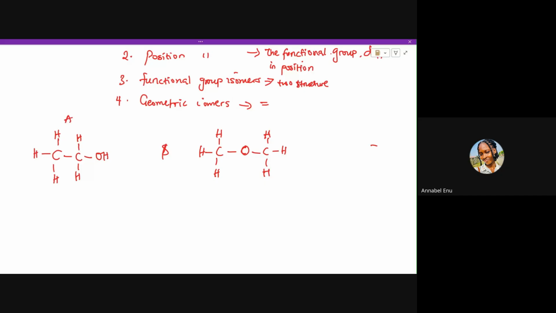Okay, this one is obvious. This is an alcohol. Now in compound B, what's the functional group there? Yeah, someone should tell us. You can also type out your answer. What's the functional group in compound B?